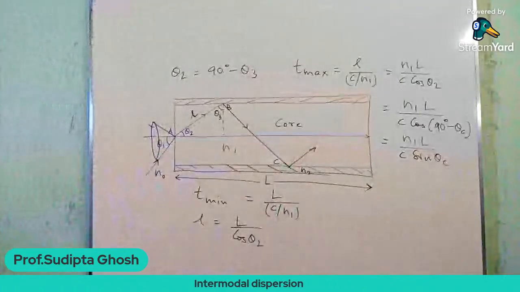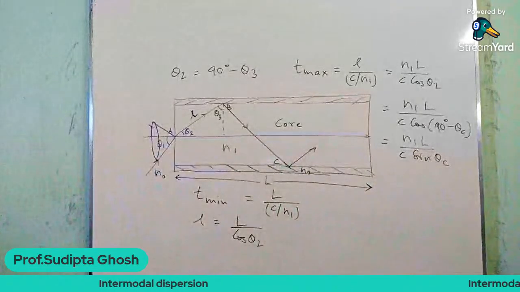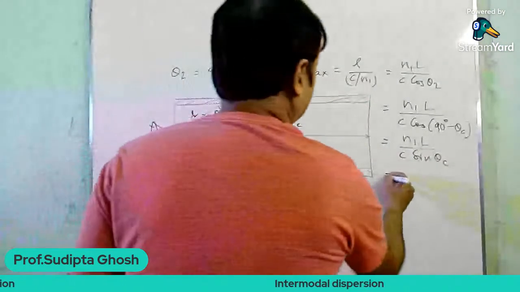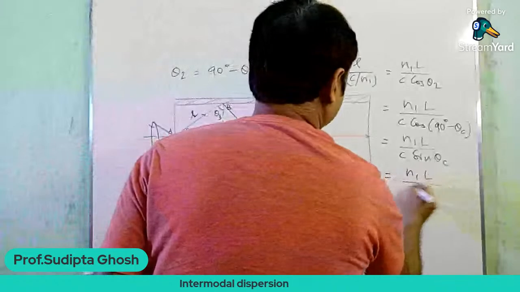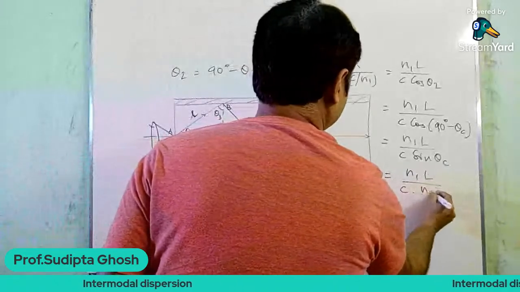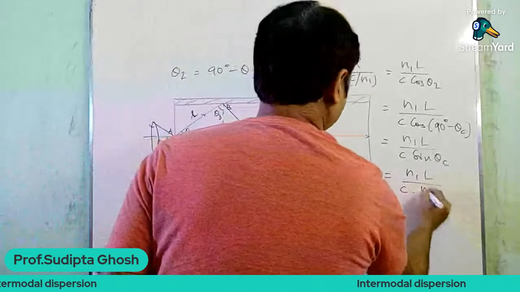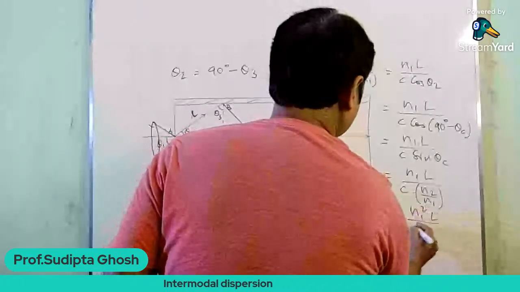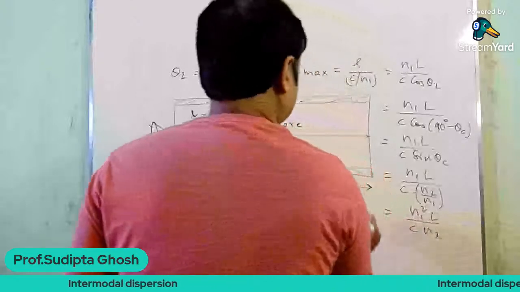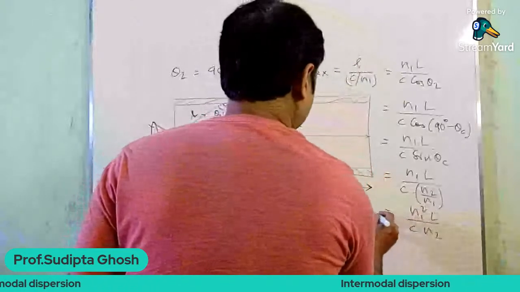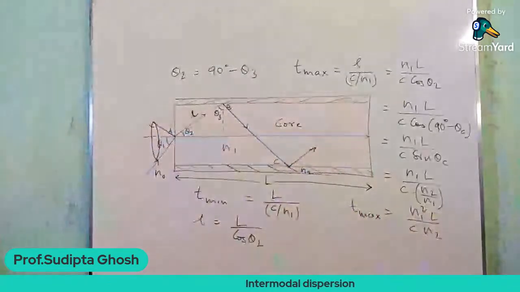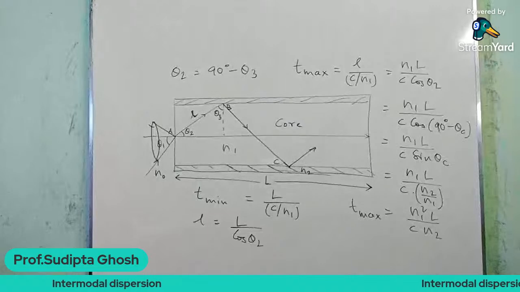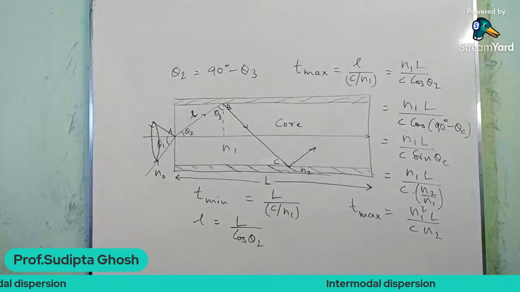Now we already know that the value of sin theta c equals n2 by n1. So by putting the value of sin theta c, that is n2 by n1, we have n1 square L by c n2, and that is the maximum transit time, or the maximum time of travel, for any ray which follows the maximum path.